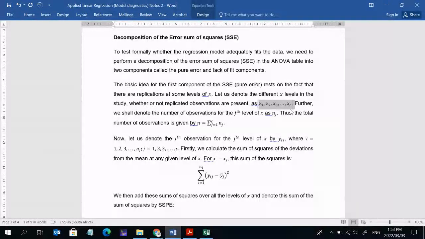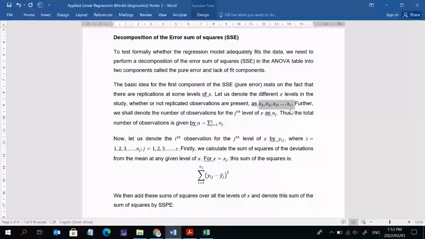And again, we denote the number of observations for the jth level as nj. So nj simply tells us, for example, n1 means on the first level of x, how many observations, how many replicates do we have? In that example, we're having 2, because there were 2 replications.